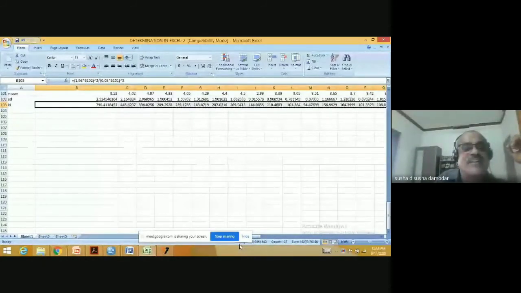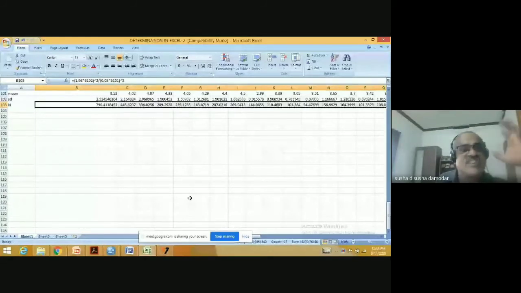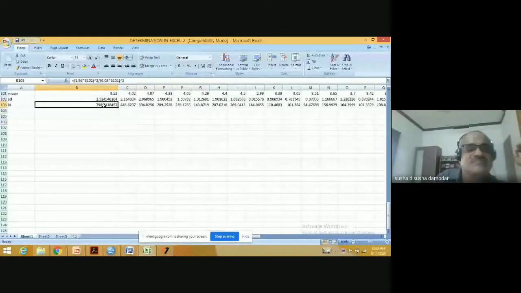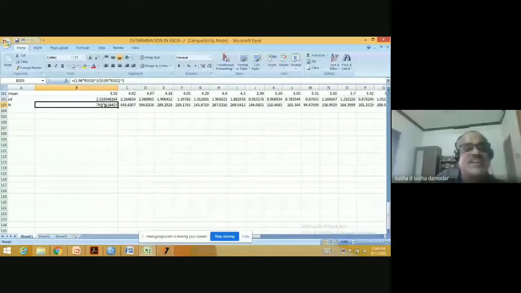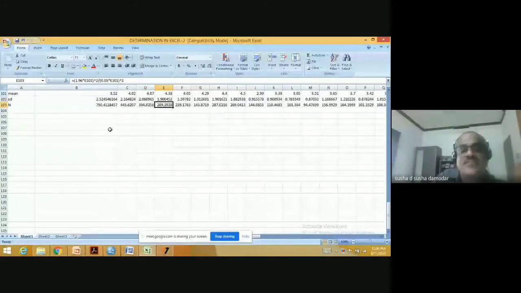Then you identify which is the maximum. See, 790, 411, 445, 394, 289, 239, 143, 287, 269, 144.